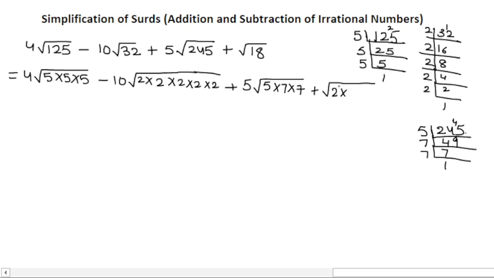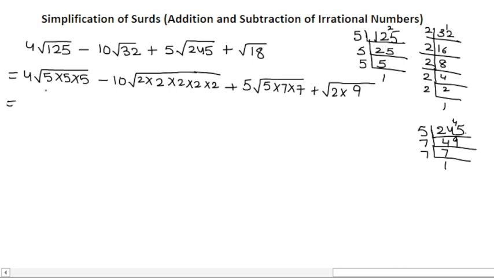You must be aware that if you want to convert larger surds to simpler surds, we either write the number as a product of its prime numbers, or we split it into its factors so that you get either a prime number or a perfect square. So 18 can be written as 2 times 9. You can see that the square root of 9 is 3. You can however also write it as 3 times 3. So you still get the same answer.